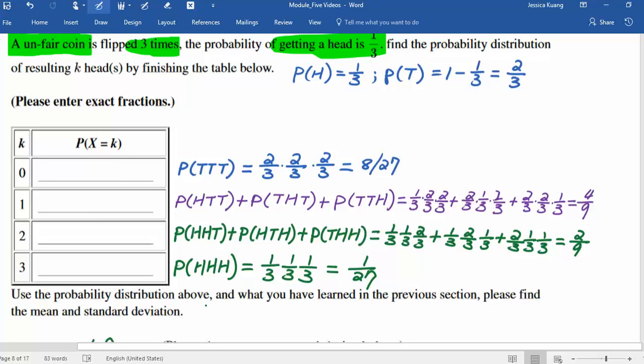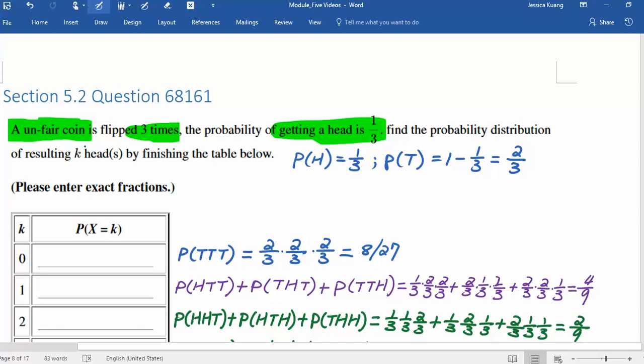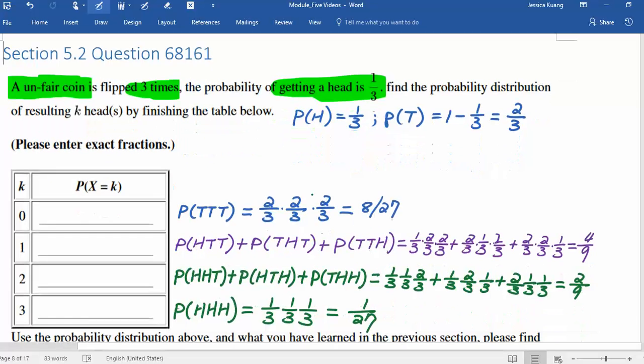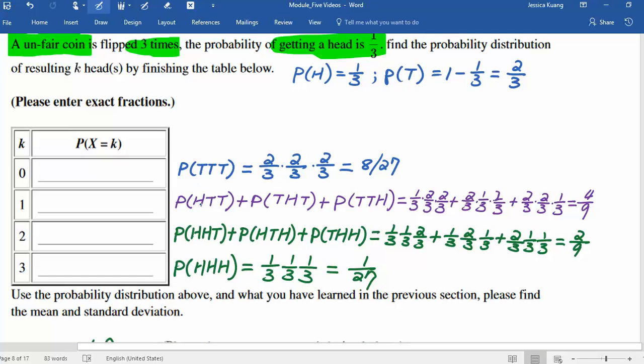And notice that when you flip a coin, you only have two outcomes. You either get a head or you get a tail. And we repeat the experiment multiple times, and this probability distribution is what we call the binomial distribution. When we have to deal with binomial distribution, we could actually use calculator to find all of those probabilities in one simple entry.